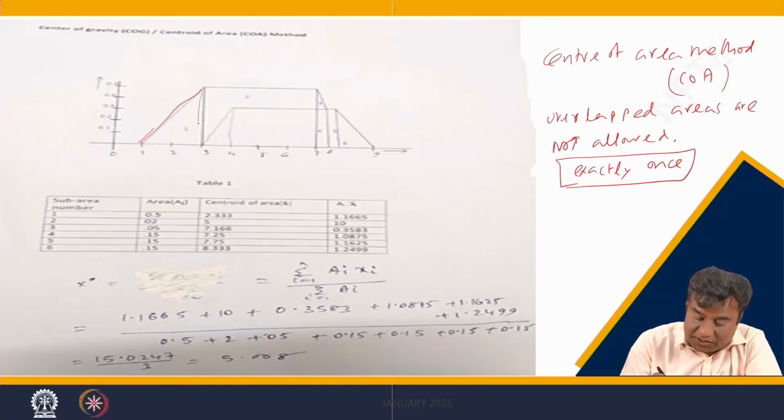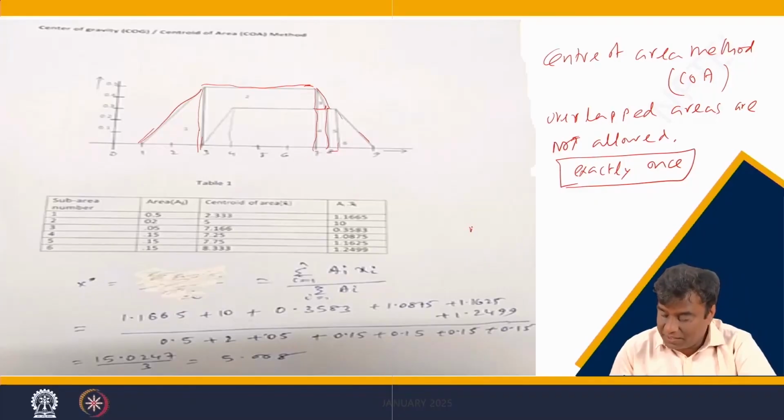So this figure you can write as 1, this figure 2, this is 3, this area is 4, this is 5 and this is 6. So in total there are 6 areas. The formula is the same: x star is equal to the summation of ai into xi by the summation of ai.